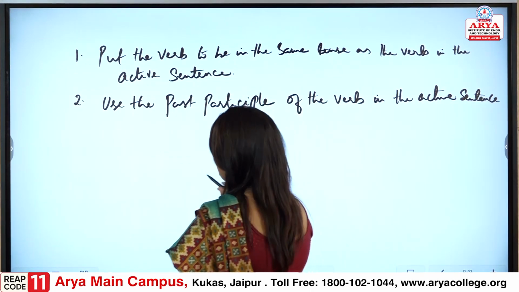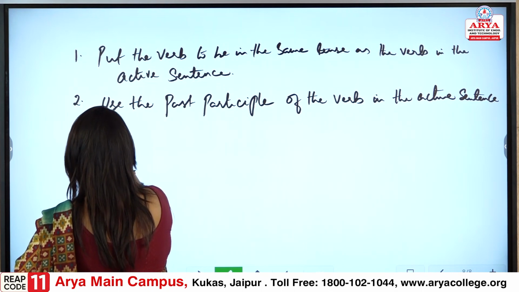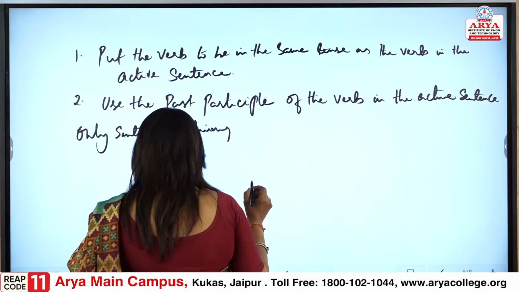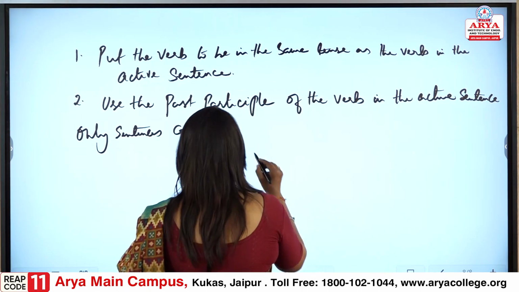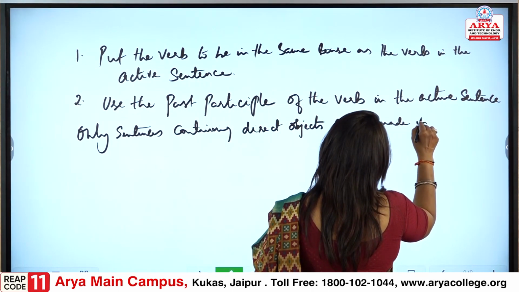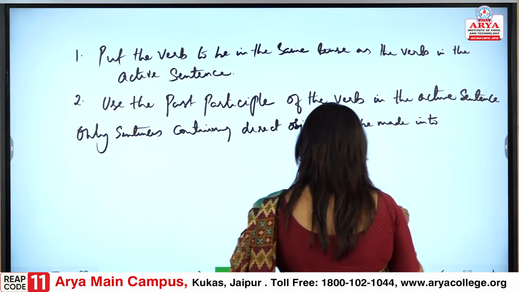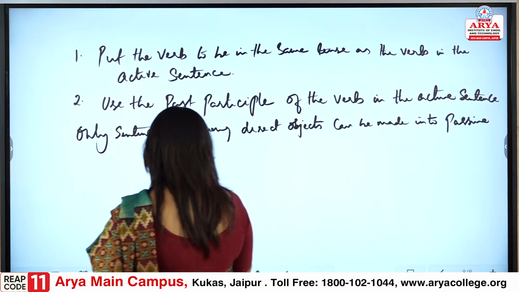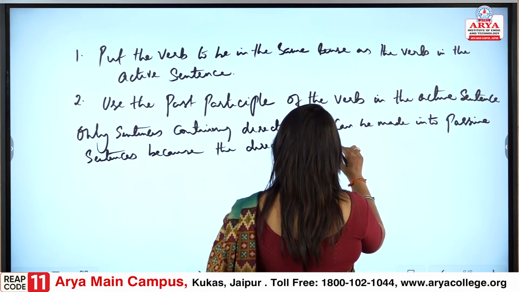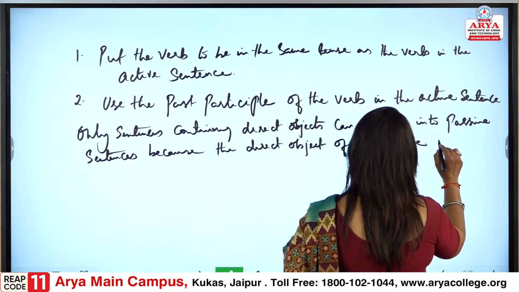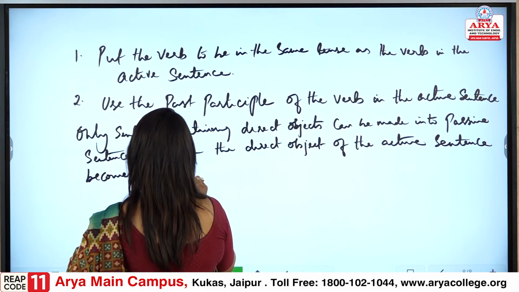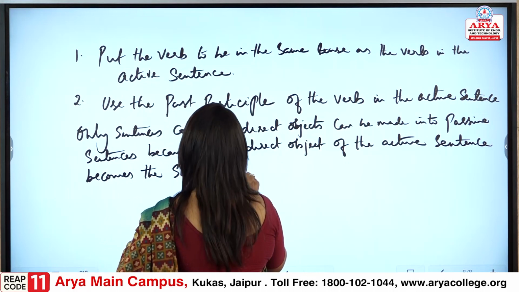Now, please remember one more point: only sentences containing direct objects can be made into passive sentences, because the direct object of the active sentence becomes the subject of the passive sentence.